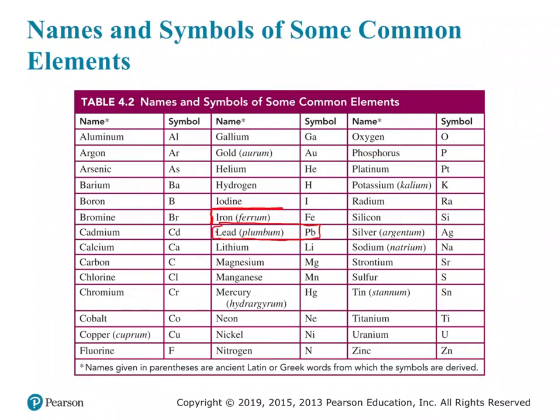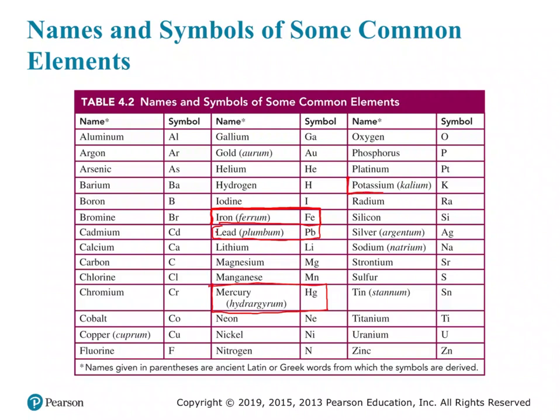Iron is similar, so Fe is the symbol for iron, which doesn't really make sense, unless you know that the original name of iron was ferrum. Mercury is another one. Mercury's symbol is Hg, which comes from its original name, I don't know how to pronounce that. If you know how, let me know.